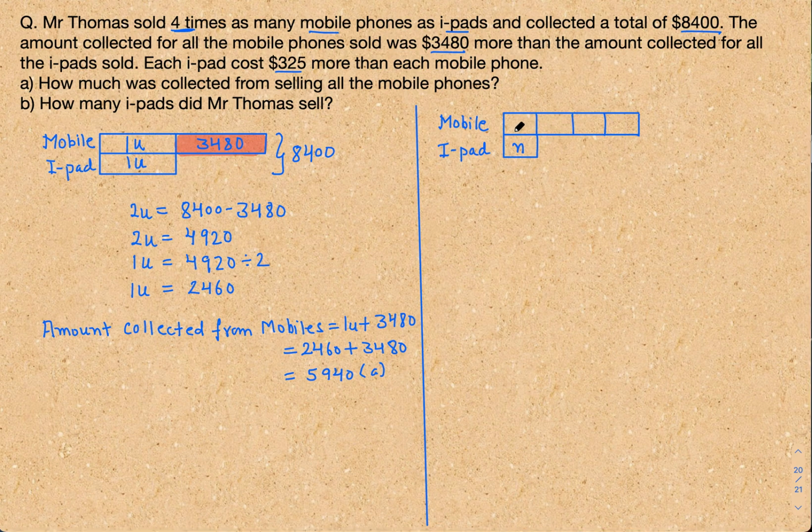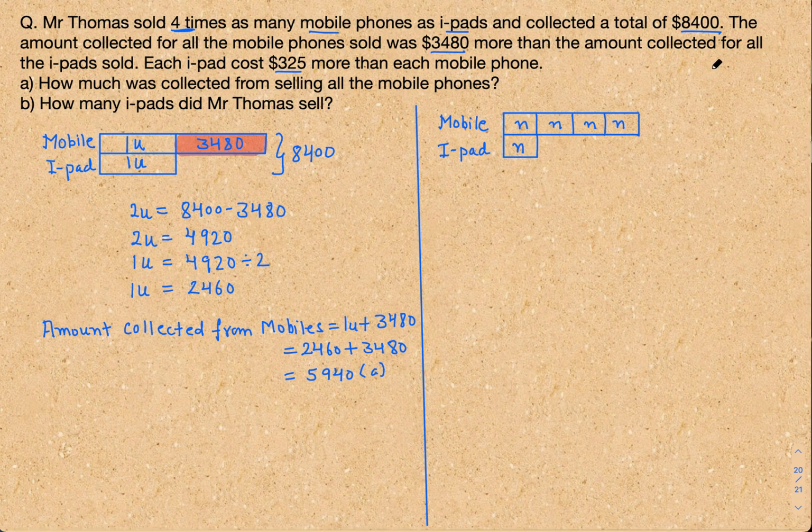So how many mobiles were sold? They were 4 times of iPad. If this is n, then obviously all this is n as well, so there are 4 n's. So if Mr. Thomas sold n number of iPads, he sold 4n number of mobile phones.